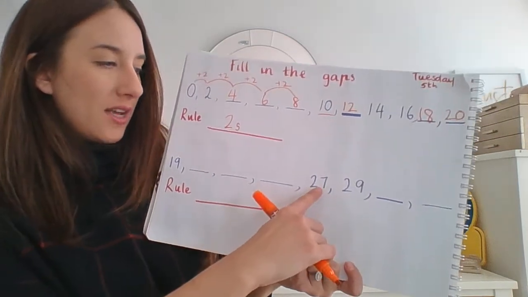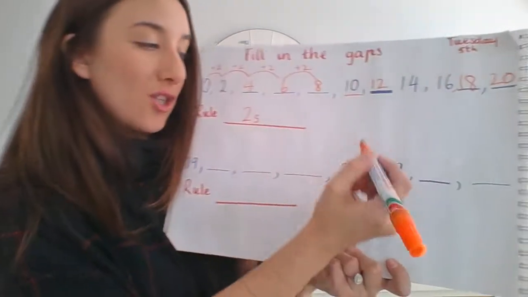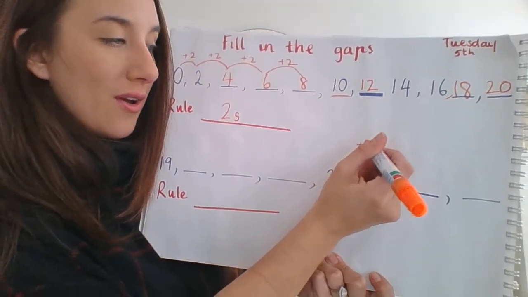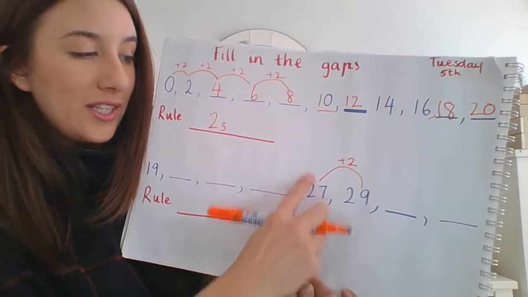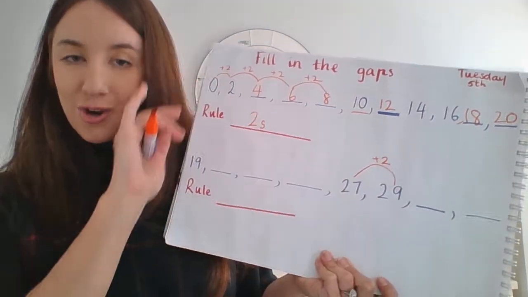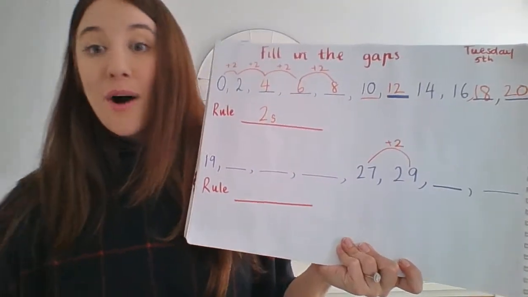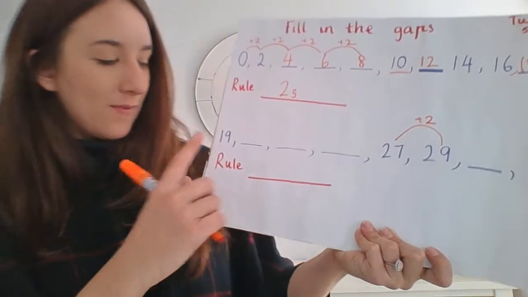So from 27 to 29, 27, 28, 29, it has jumped 2. So this skip counting pattern must be counting by 2s, okay?